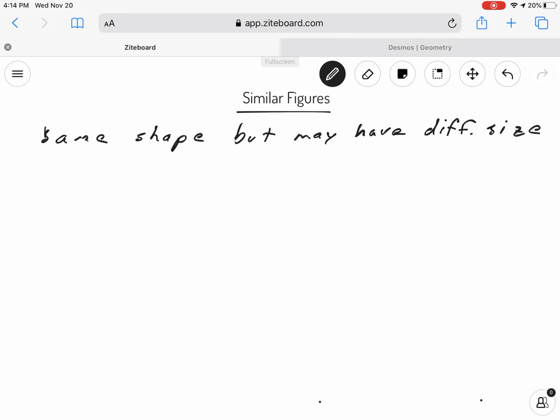Okay? And they can be anything. They can be a rectangle, a triangle, a circle, any kind of polygon. If I have similar figures, they're going to have corresponding parts.